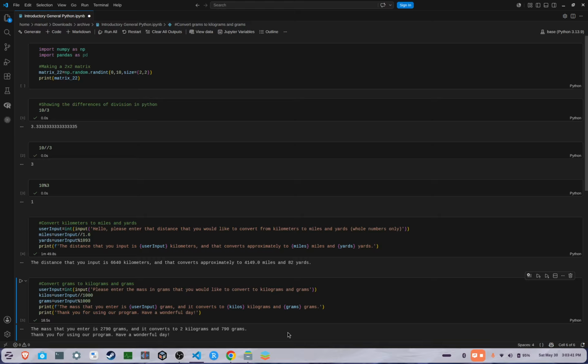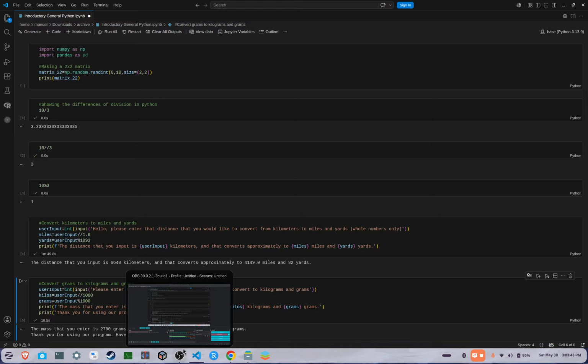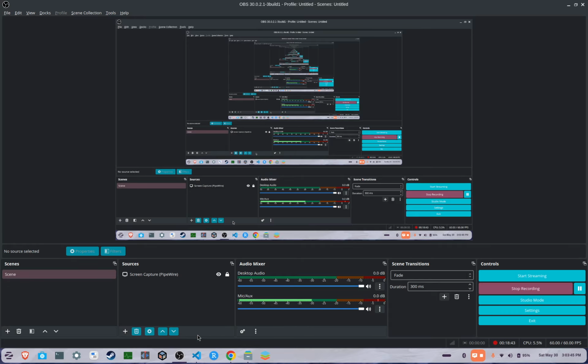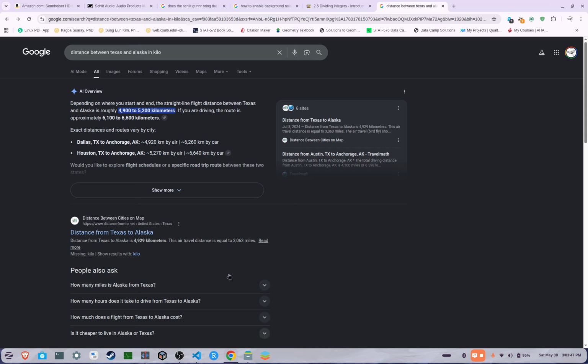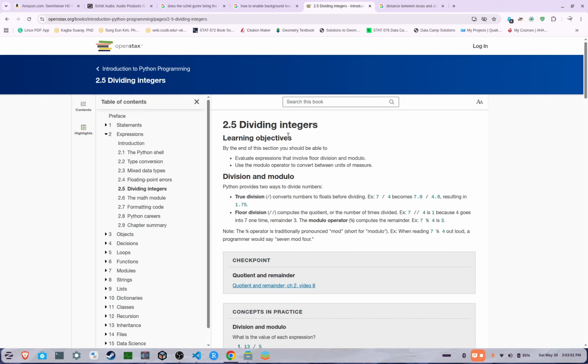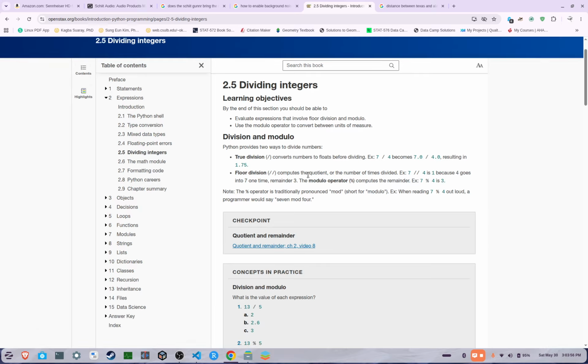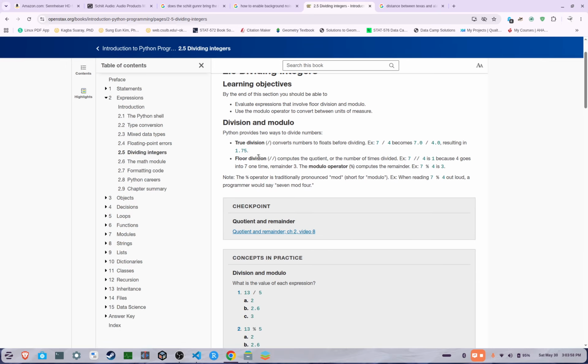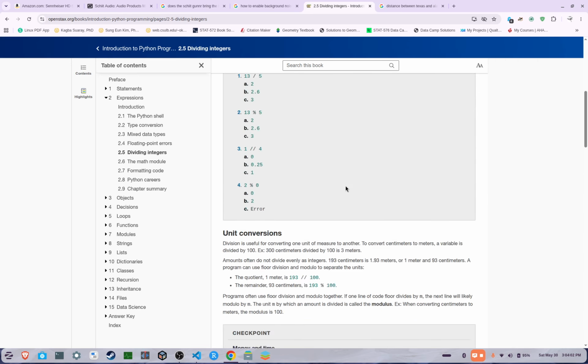So this is just a different level of things that we can use. Again, in this textbook, please read the dividing integers section. That was called division, floor division, to give us the whole numbers, and the modulo to give us the remainder.